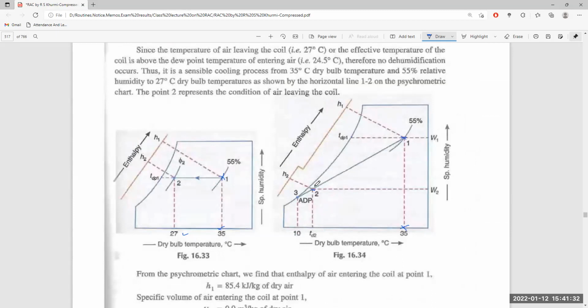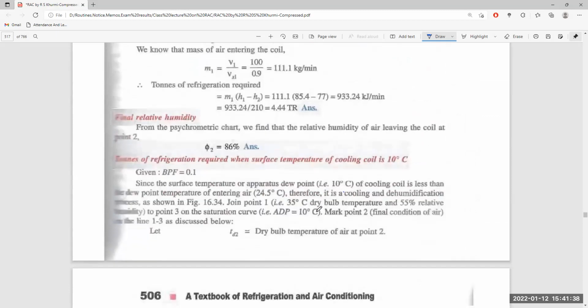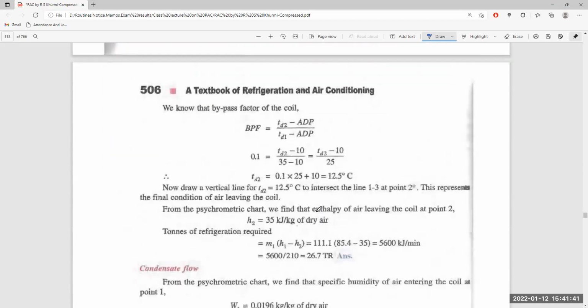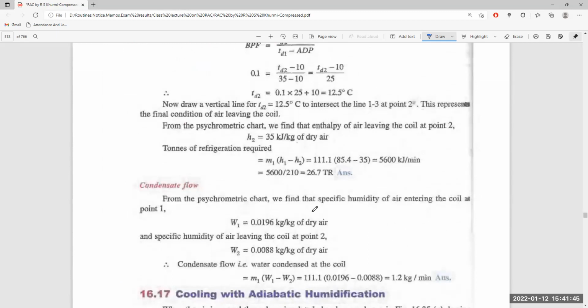Dropping a perpendicular, it will intersect line AB at point 2. From the psychrometric chart, we find the enthalpy of the air leaving the coil is 35 kJ per kg.